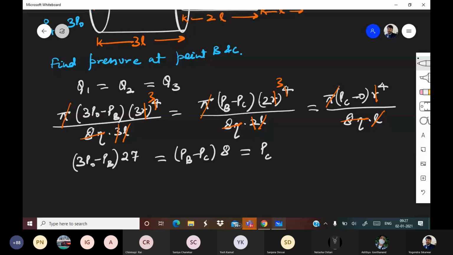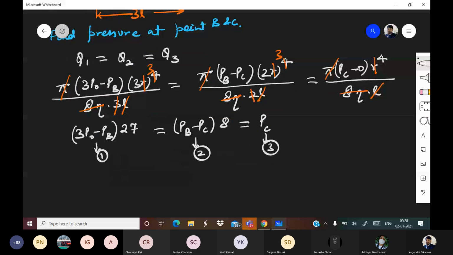That's it. These are the values which we are getting. So now let me call this as 1, let me call this as 2, and let me call this as 3.